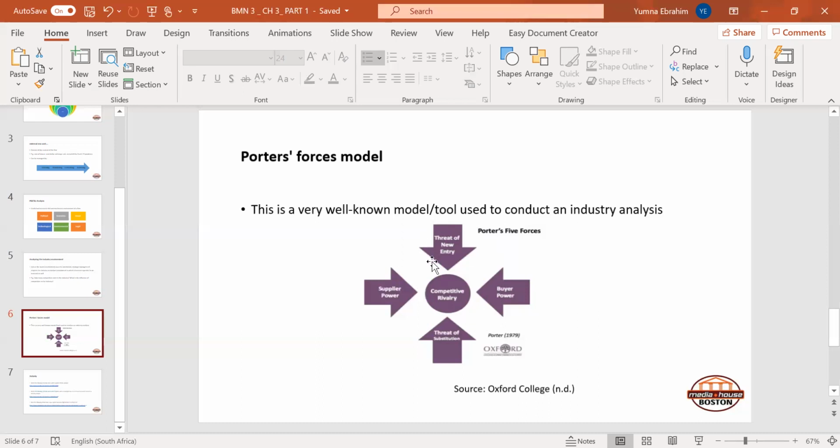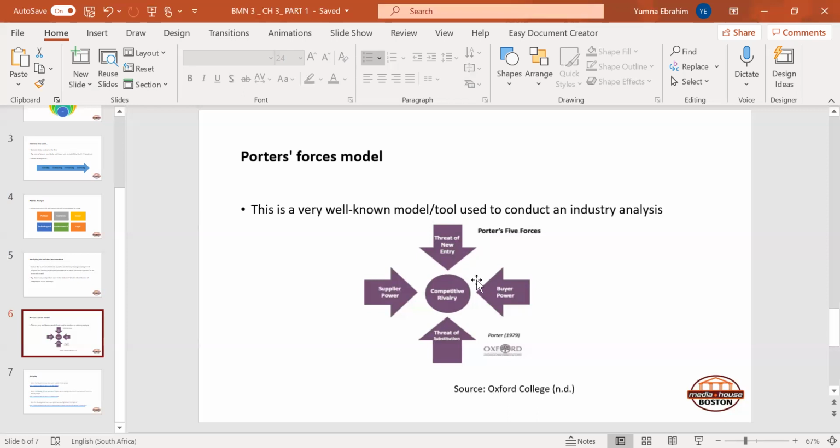In other cases like airlines and mobile telephone networks like MTN, Vodacom, Cell C, it's very difficult to enter the industry because in order to be the next Cell C or Vodacom, you need to have lots and lots of money, skills, capabilities to lay down all the infrastructure, to have networks, etc. So threat of new entry talks about how easy or how difficult it is for new competitors to enter that particular industry.